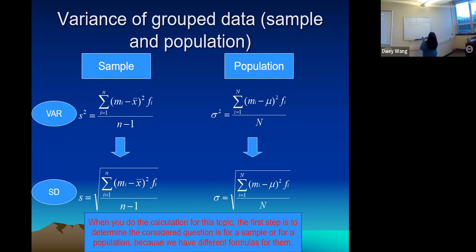Ah, they already calculated. Wait, 35 times 41. This is correct. 45 times.